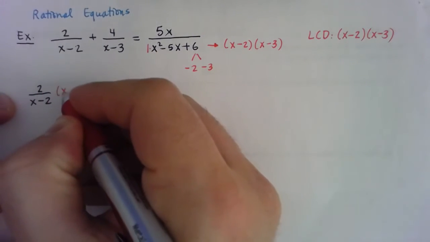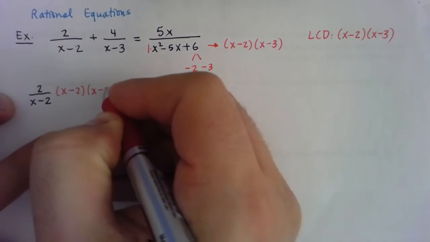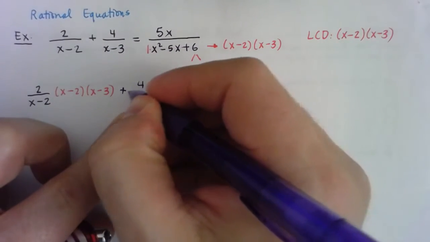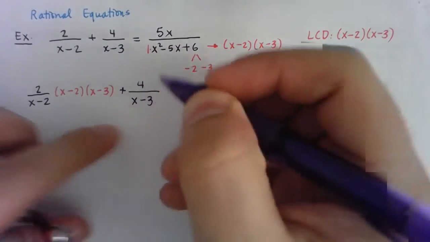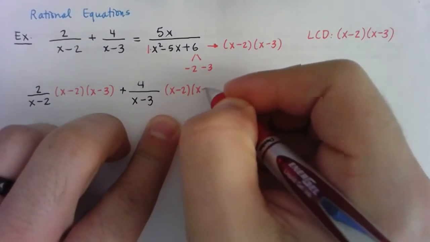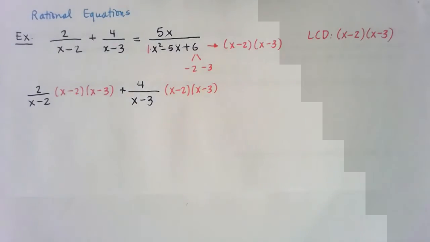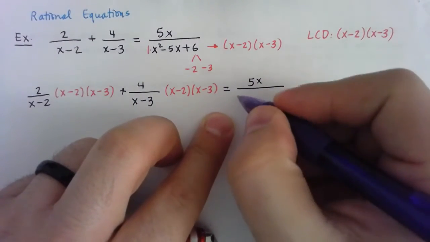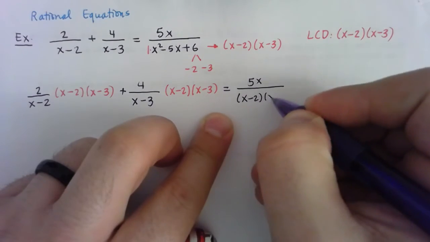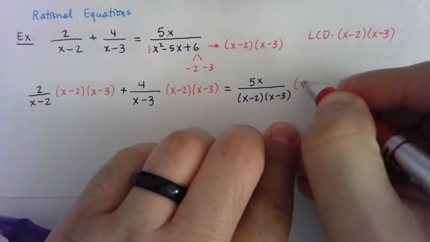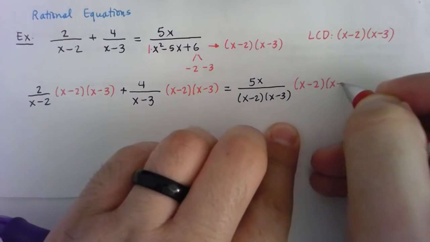This is going to be x minus 2 times x minus 3, plus 4 divided by x minus 3, multiplied by the same x minus 2 times x minus 3, equals 5x divided by x minus 2 times x minus 3, also multiplied by x minus 2 times x minus 3.